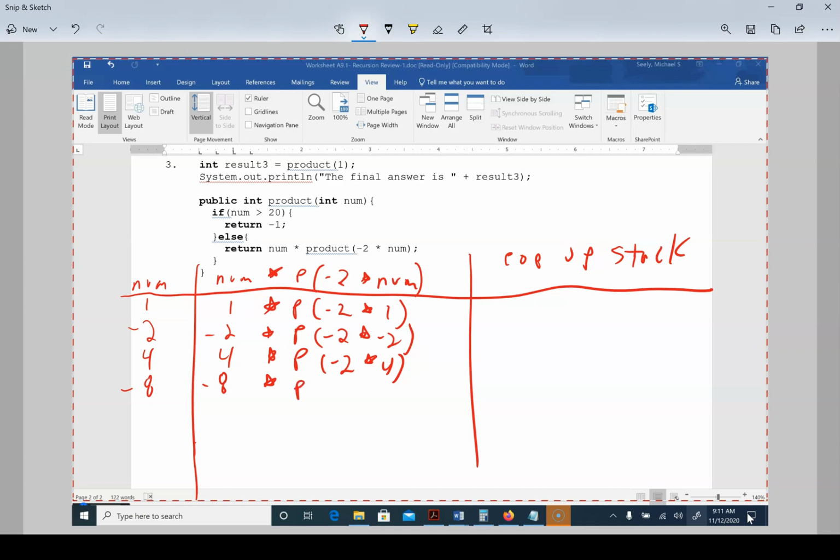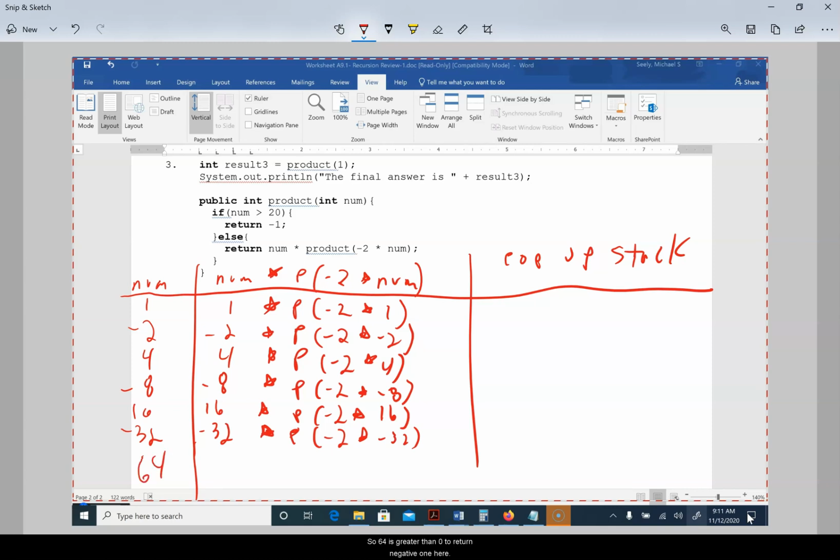Then -8 times p, -2 times -8 gives us 16. 16 times p, -2 times 16 gives us -32 times p, -2 times -32 gives us positive 64.